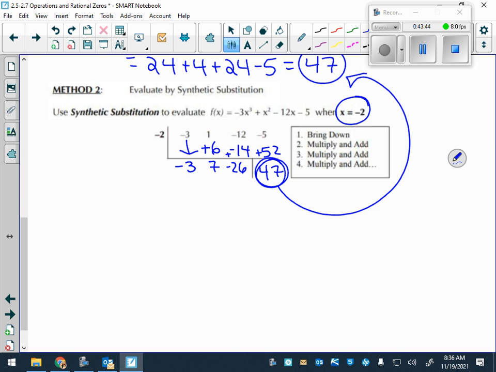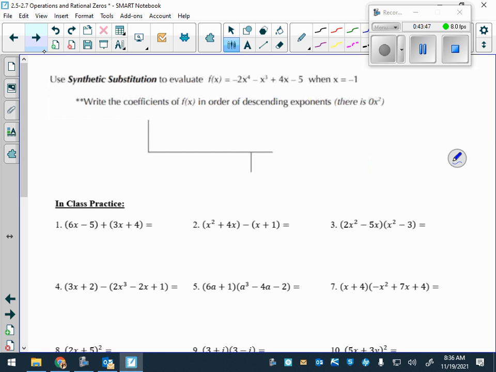All right, so we're going to try this last one. What's going to be on the left-hand side? Negative 1. Now, think of standard form. Do you see anything missing? We're starting with x to the 4th, which is negative 2. X cubed is negative 1. Do we have x squared?